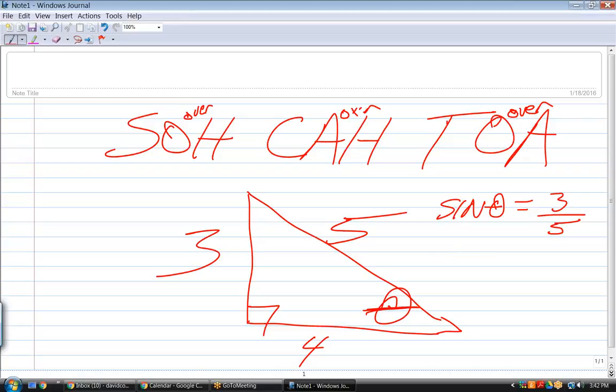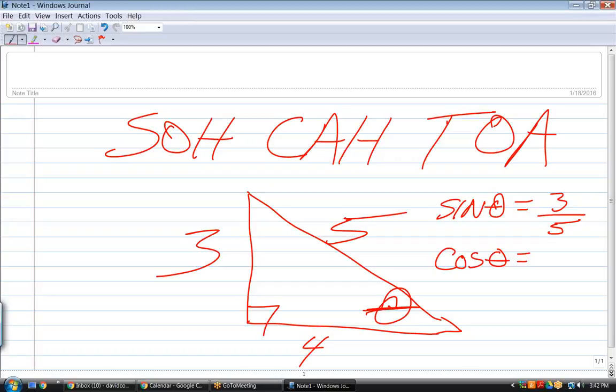What is the cosine of theta? When they say the adjacent, there's two sides that are adjacent to every angle, right? They always mean the one that is not the hypotenuse.